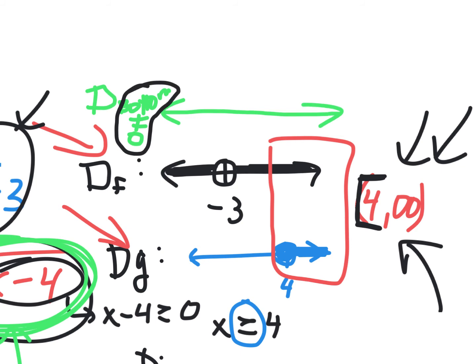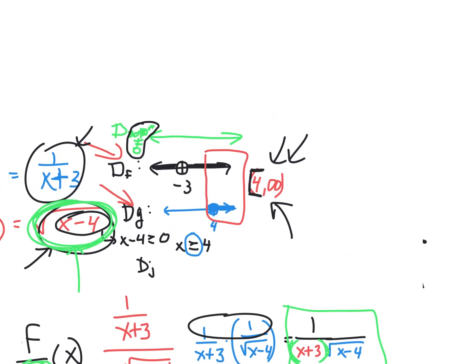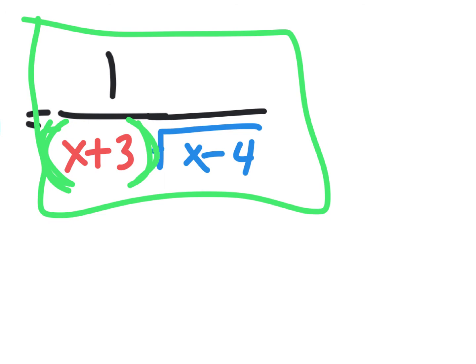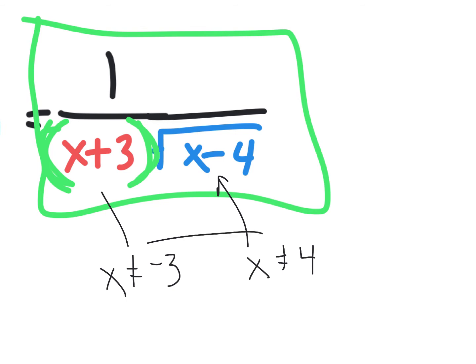So, looking at this function that we just made right here, what are the things that would make the bottom 0? X plus 3 equals 0. Yep, and so x would equal what? And therefore x cannot equal what? Good, and what's the other thing x cannot equal? 4. So that is another number line.